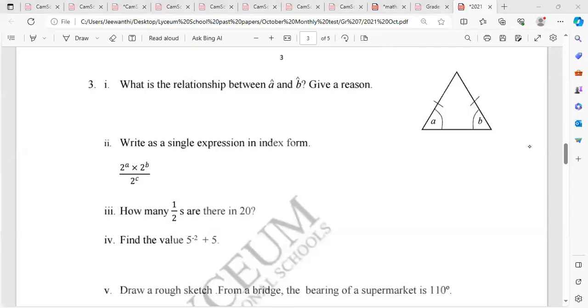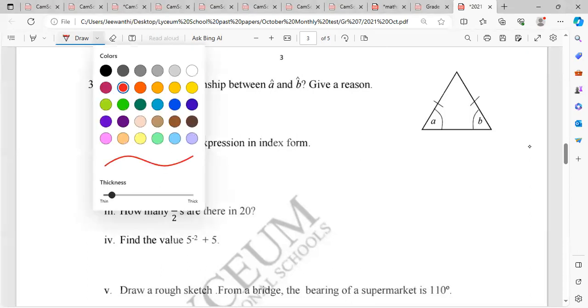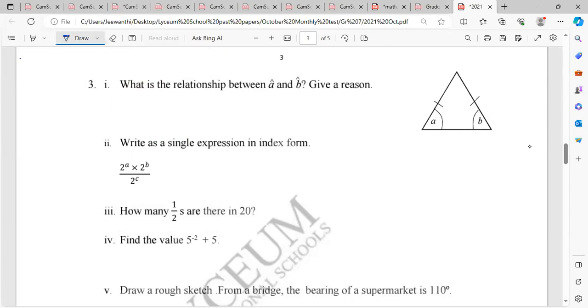So this is question number 3. Then you can see the diagram, and it is a triangle, but it is a special kind of triangle. You can see they have marked 2 sides. These are equal when they have marked like this. So what kind of triangle is this? First of all, you want to understand this. This is an isosceles triangle, right?